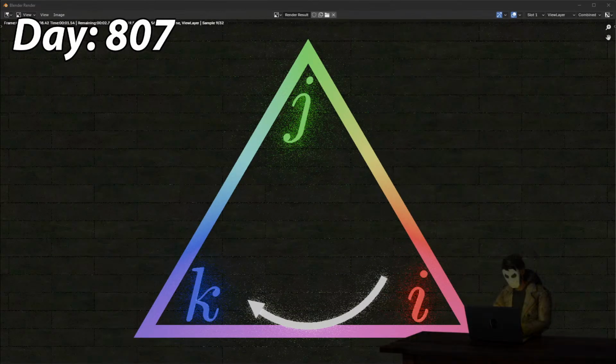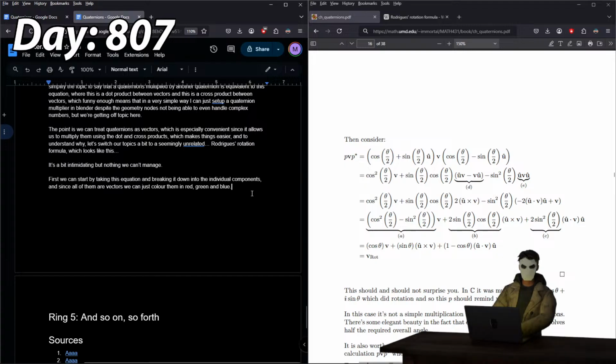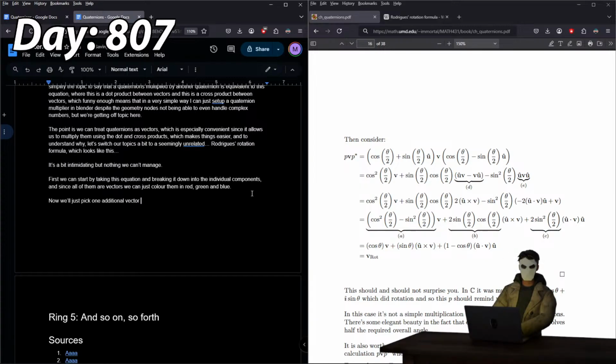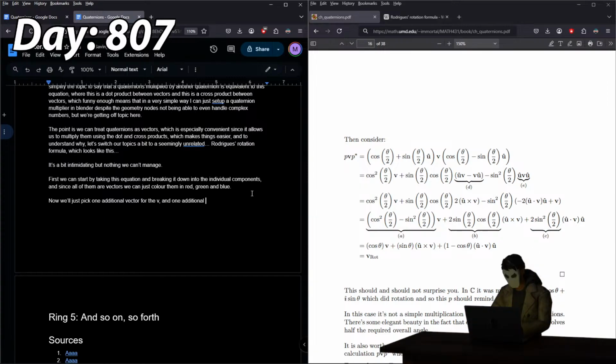Okay. Back to the script now. So then vectors, you call them red, green, and blue. We'll just pick one additional vector for the V and one additional vector for the U, like so.